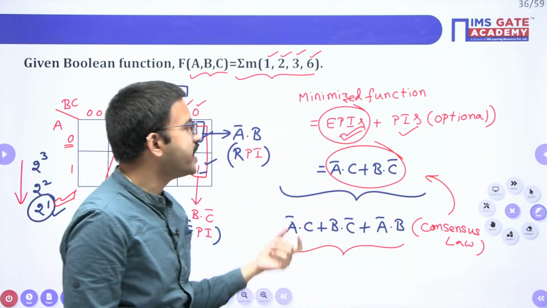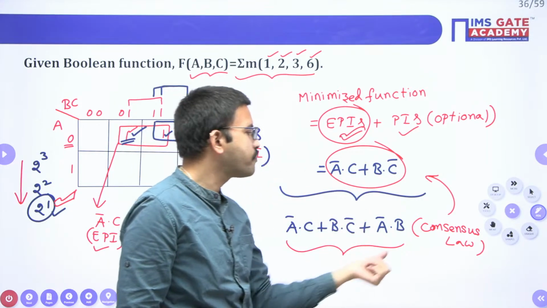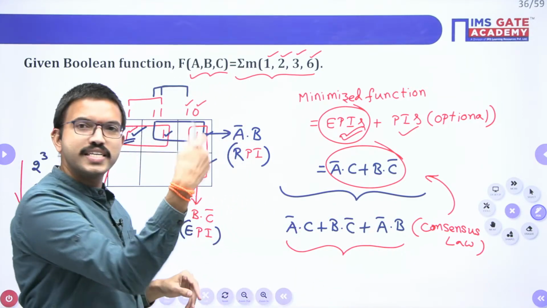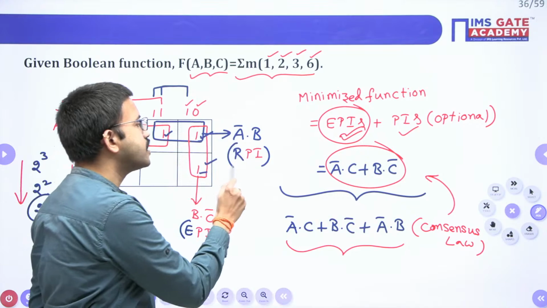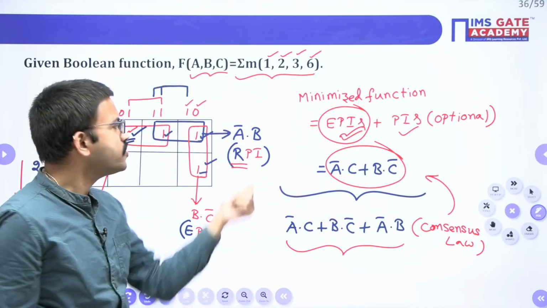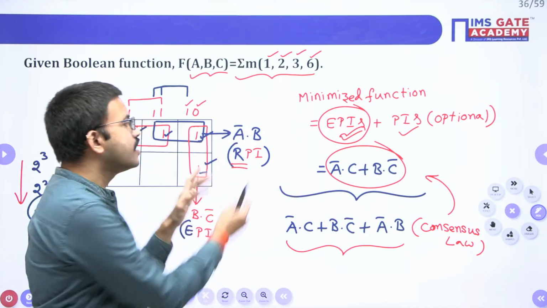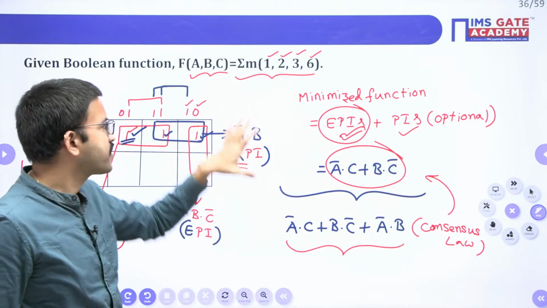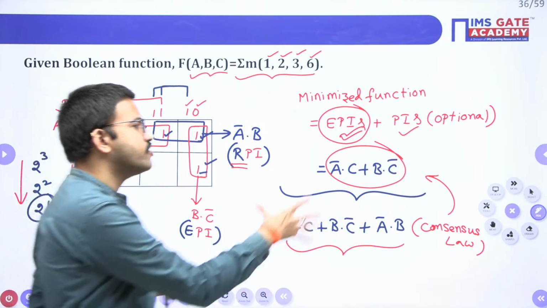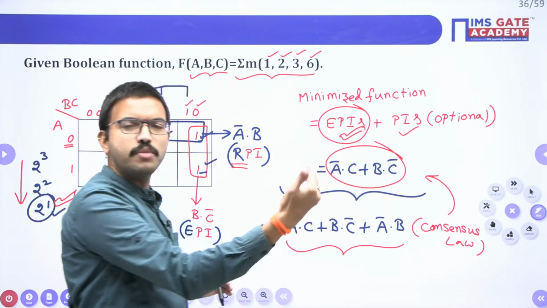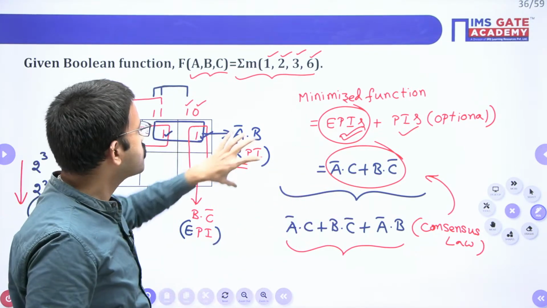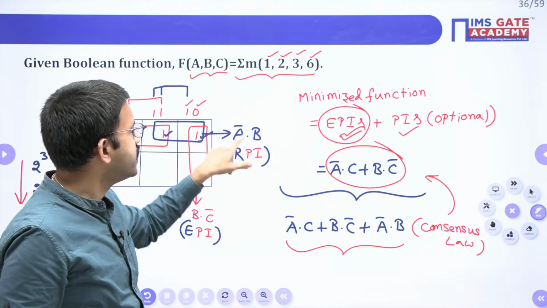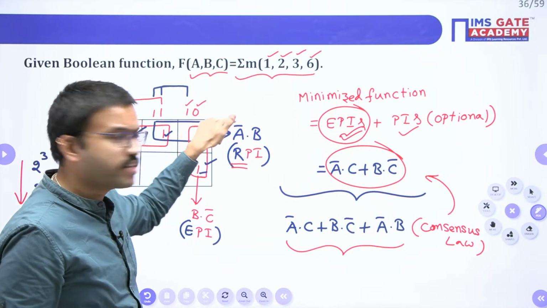When you are able to get the minimized function with the help of 2 terms, why unnecessarily one more term, right? That's why in the consensus law, I told you this particular term is a redundant term. The same term I have used here in front of prime implicant: redundant prime implicant. Ultimately, you will implement the function with the help of logic gates, right? So this particular term you need not generate. For this you require one AND gate and then one NOT gate, right?